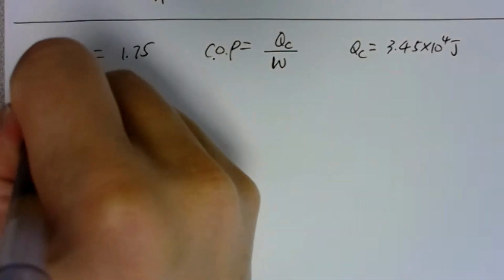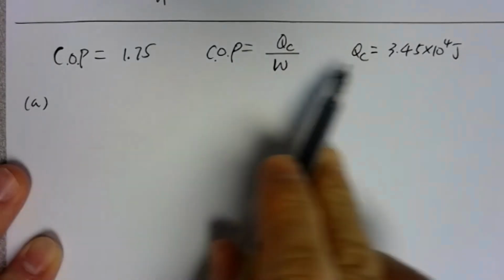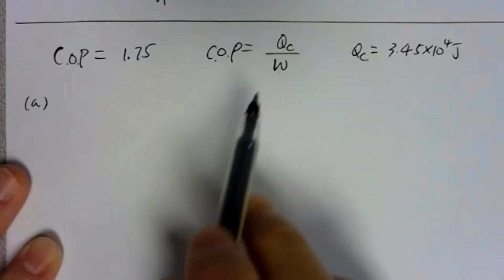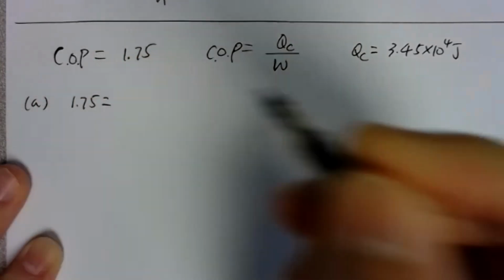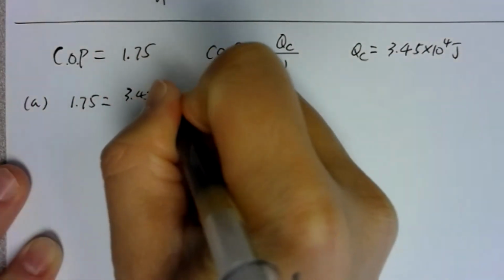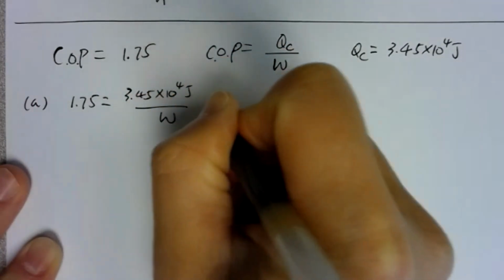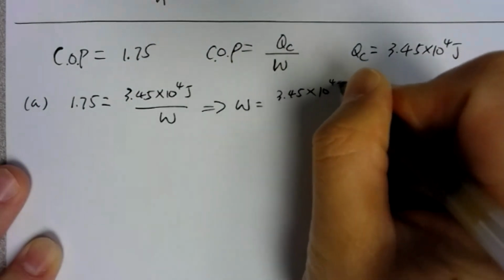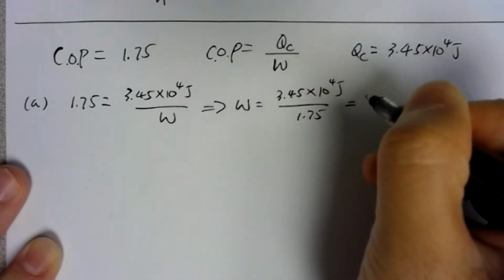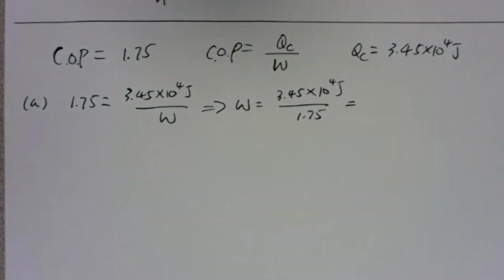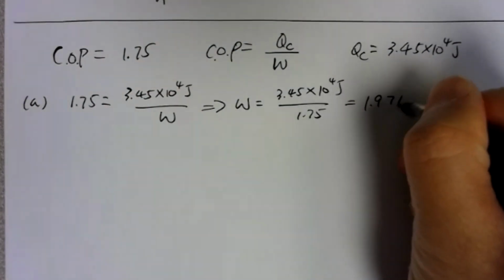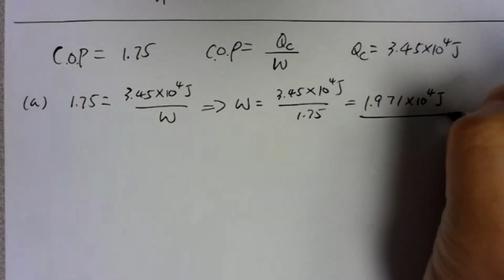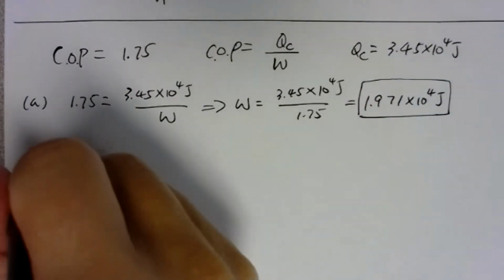So 1.75 equals QC over work, and we can calculate work pretty easily. 1.75 equals 3.45 times 10 to the fourth power over the work needed. So work equals 3.45 times 10 to the fourth over 1.75, and it turns out to be 1.971 times 10 to the fourth joules. That's how much work is needed for each cycle.